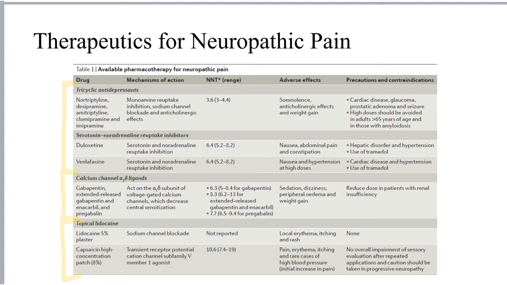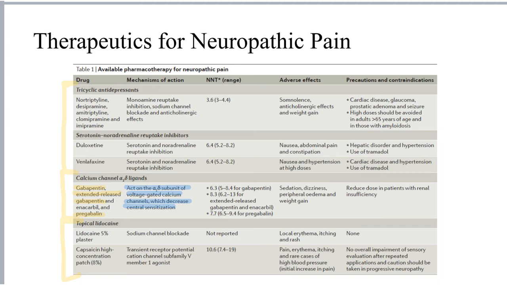The antiepileptic or anticonvulsant drugs should be a review from just a few weeks ago, and specifically drugs including gabapentin, extended-release gabapentin, and pregabalin all have efficacy in the treatment of neuropathic pain. As a reminder, these drugs all act on the alpha-2 delta subunit of voltage-gated calcium channels, which decrease central sensitization.